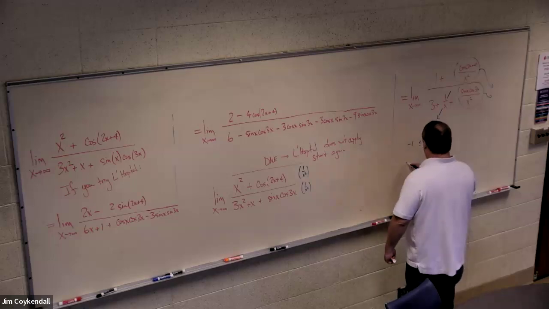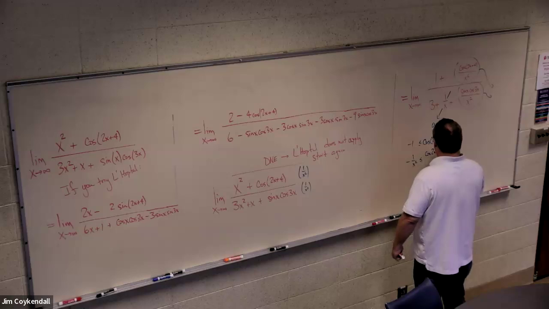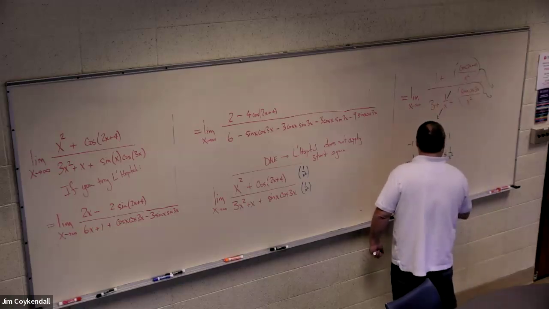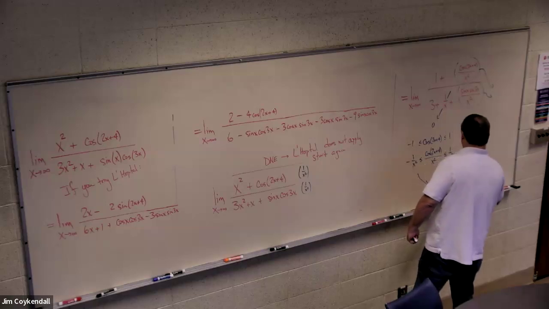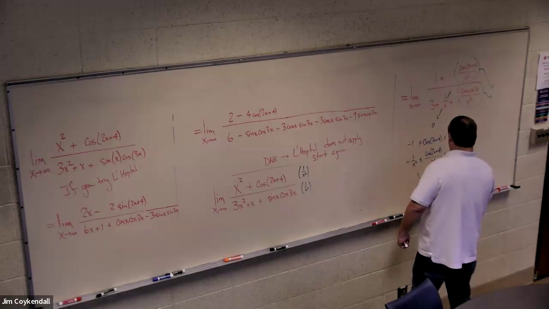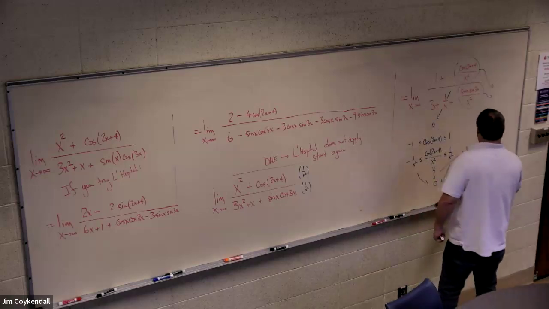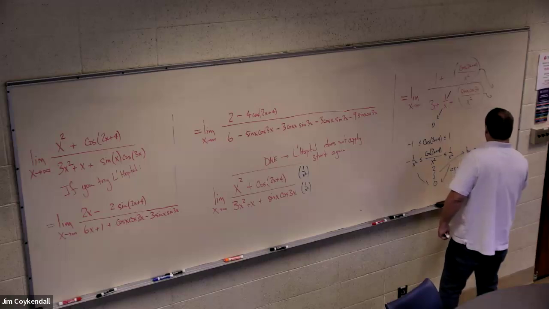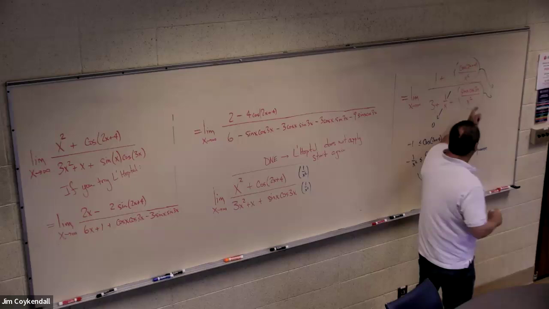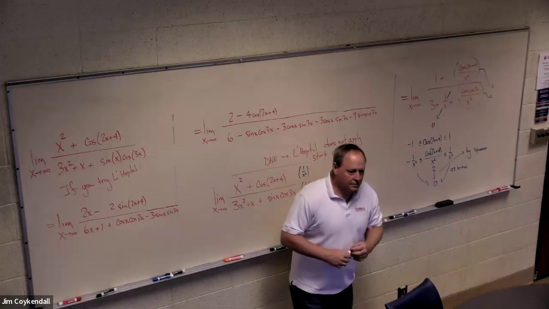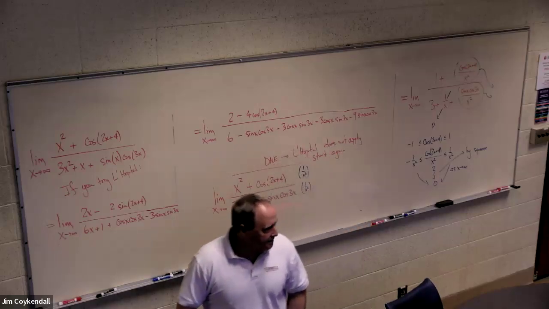So when I divide this, as x goes to infinity, both of these go to 0. So this goes to 0. And there's a similar argument. Everybody okay with that?